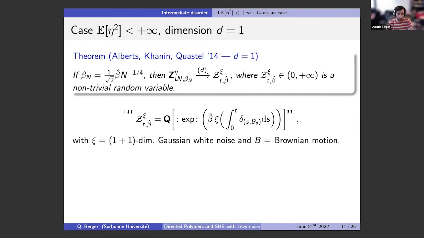Here I put some quote marks because the continuous partition function is the average with respect to the Brownian motion of the exponential of, with this parameter beta hat that remains, times the white noise that you see along a Brownian trajectory.